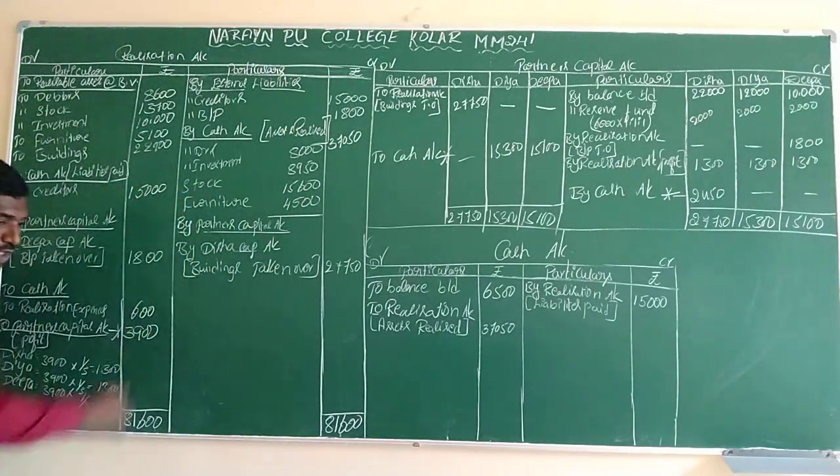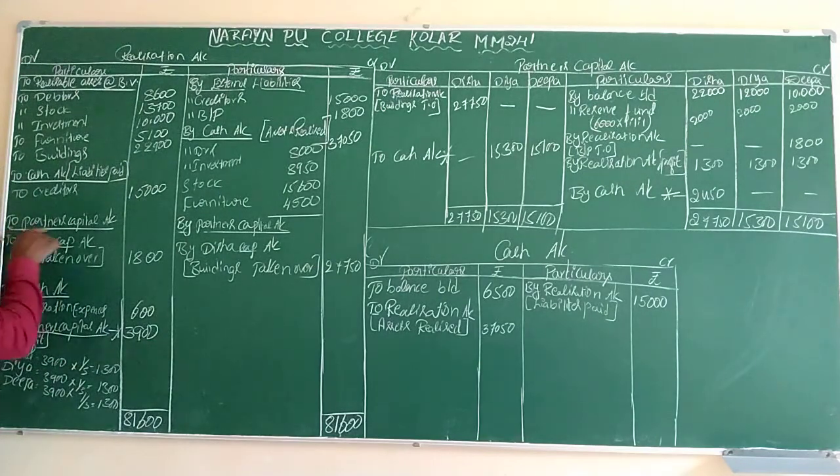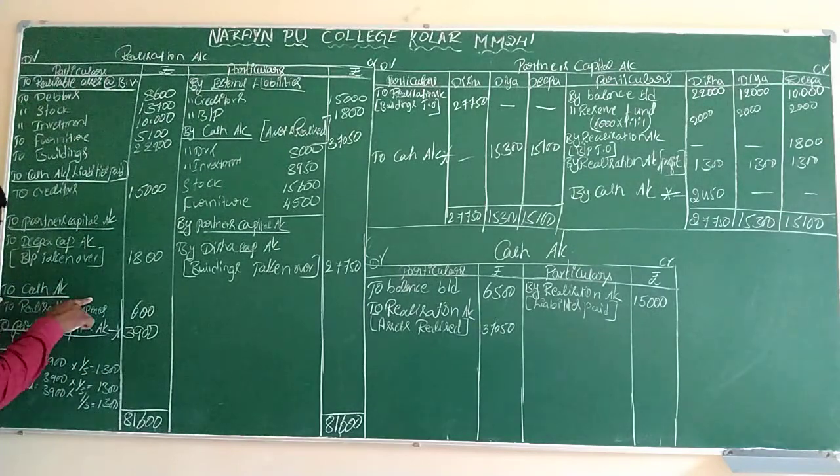We didn't use the term cash. Step number 6, we didn't use the term cash. Step number 7, we use the term cash. So here, which side do we put this value? Debit side.